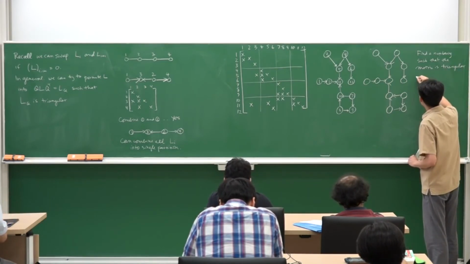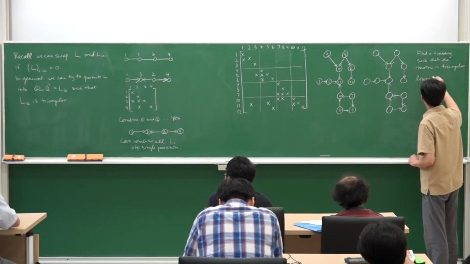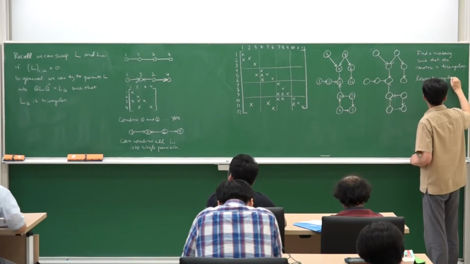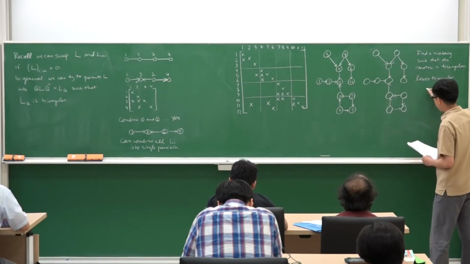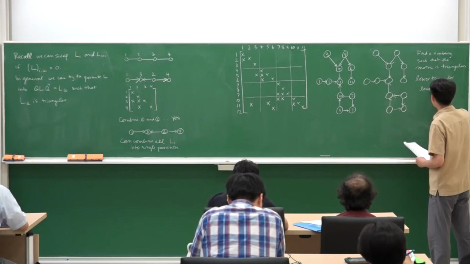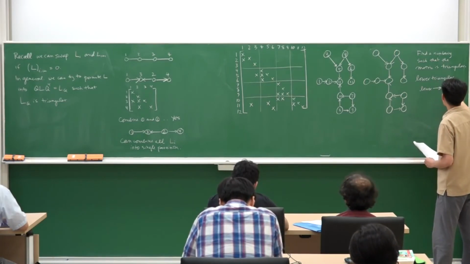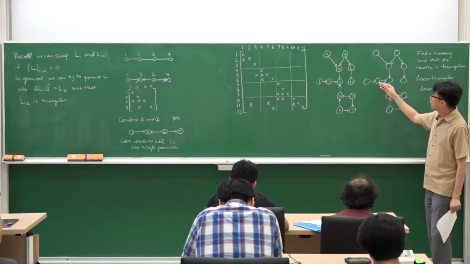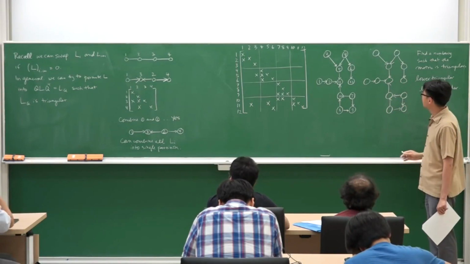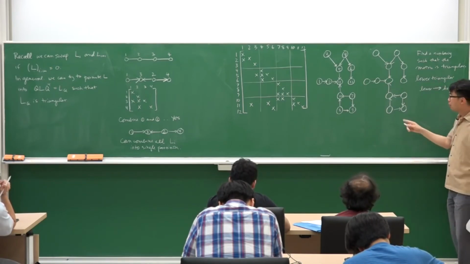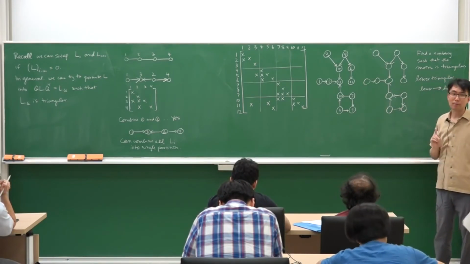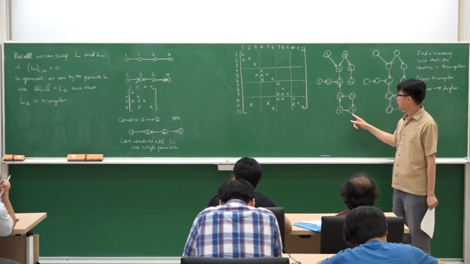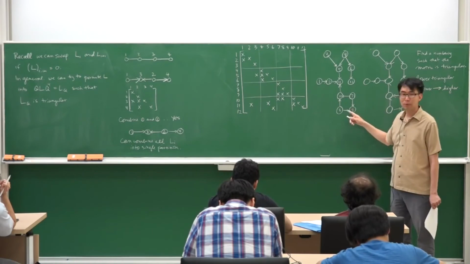If we mean lower triangular, that means we're going to have edges that go from a lower number to a higher number. So we want to find a numbering from 1 to 12 such that all the arrows point from a lower number to a higher number. If you look at this example, all of the arrows point from a lower number to a higher number.